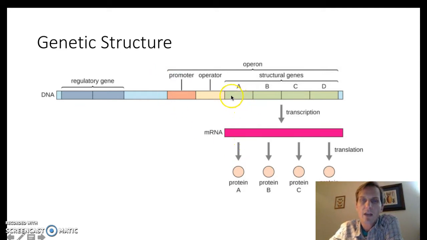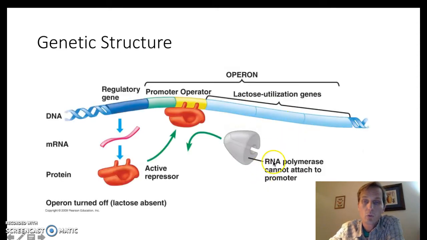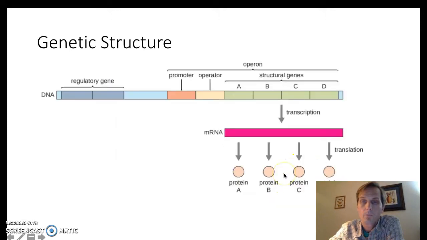So the first thing that has to happen when you have a structural gene is, assuming all operators and promoters are either repressed as needed or activated as needed, then RNA polymerase, just like DNA polymerase was able to synthesize a new DNA strand, is able to synthesize an RNA strand. So here's that messenger RNA.